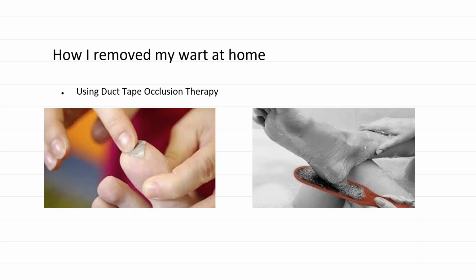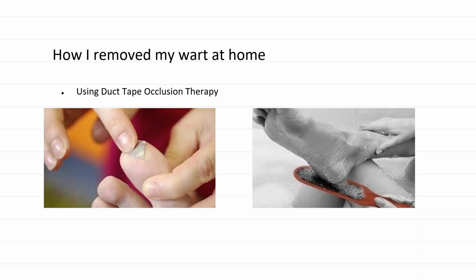After 6 days, I removed my tape, and then I was able to see some shrinkage of the skin growth, and the red dot area had intensified, and I also started getting some itch in that area.